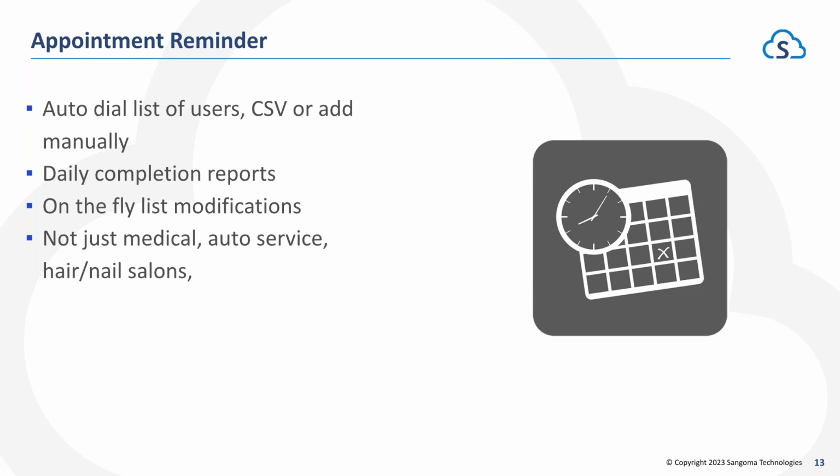This allows you to upload a CSV or manually add a list of users that you want the phone system to call and place a reminder to them about their upcoming appointment. And the nice thing about this is you can also get a report sent out daily or however often you want to show you what the completion percentage of those appointment reminders was.